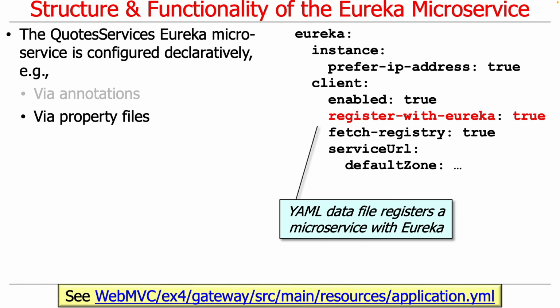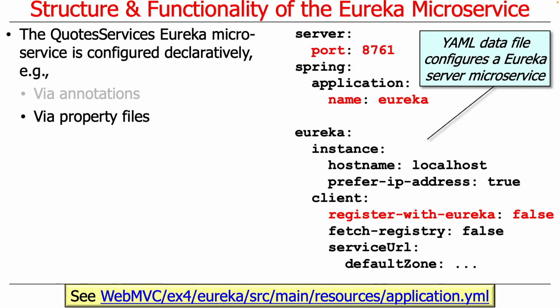So I'm a client, and I'm going to register with Eureka, and I want to get the registry, please. All this information is provided by annotations and configuration files. In this case, it's another YAML file for the gateway, but the same is true for the Handy application microservice, the Zippy application microservice, and so on. And this is how we register to be a client of Eureka.